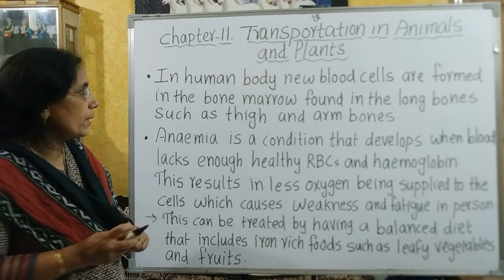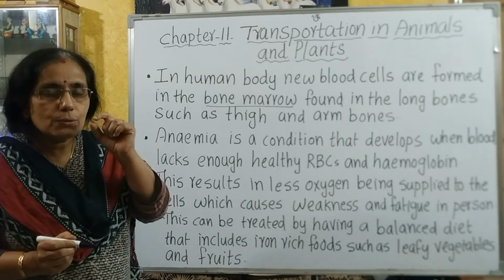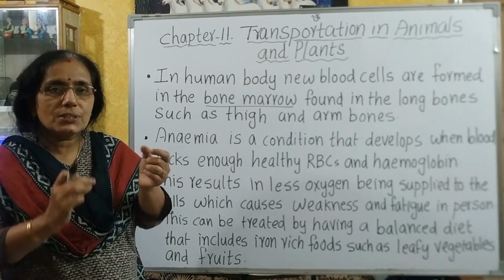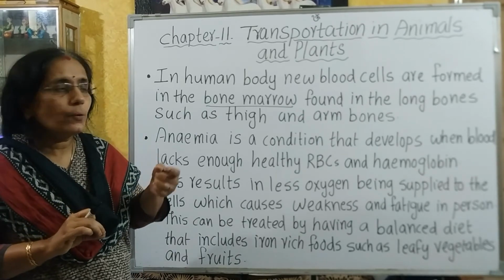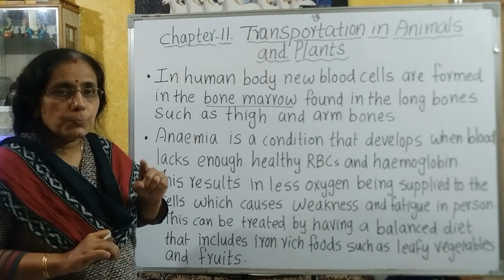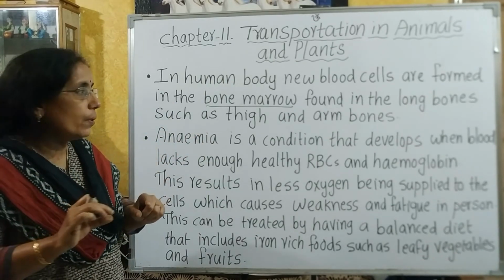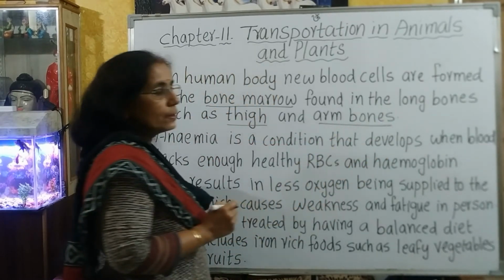Inside the bone marrow. Bone marrow is the soft jelly-like substance which is present inside our bone. So, inside this bone marrow, blood cells are produced. Okay, in which bones? That too in the long bones such as thigh and arm bones.